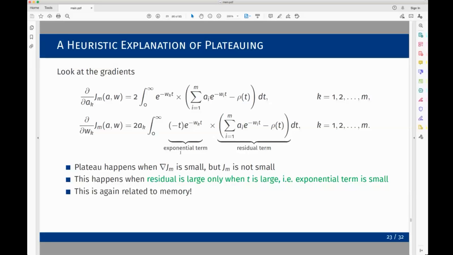Okay, so you can see when will this kind of thing happen? This is again related to the memory, because if we have very long-term memory, then it is very possible we have already approximated the short memory part well, but have certain difference on the long memory part.